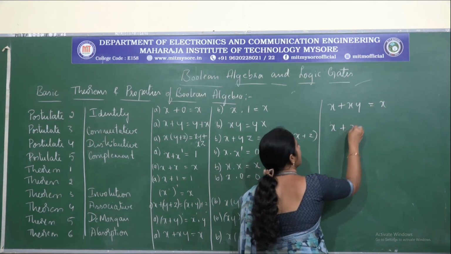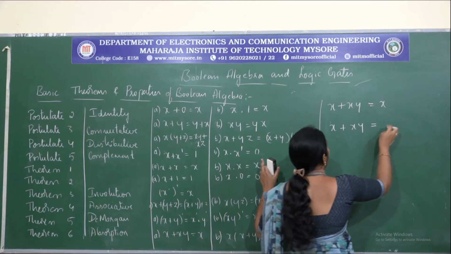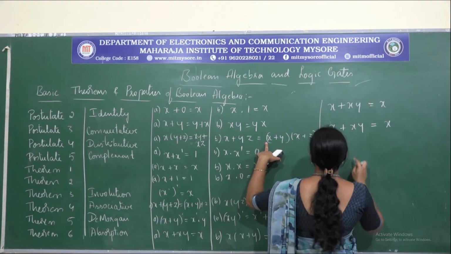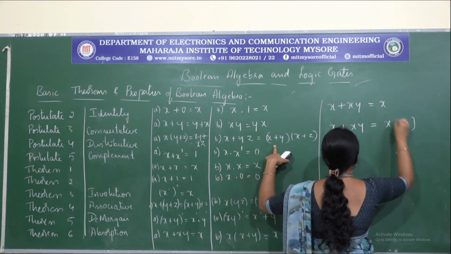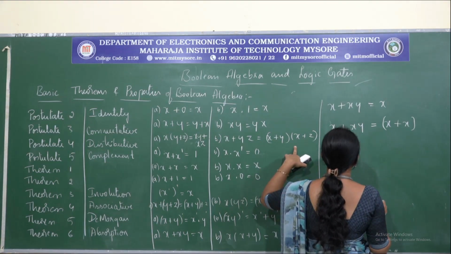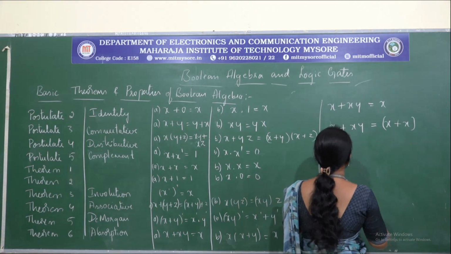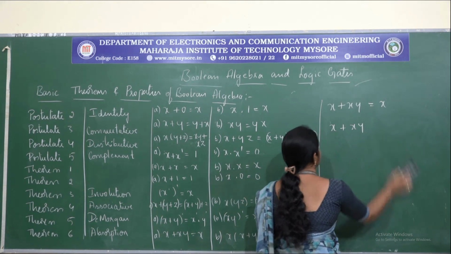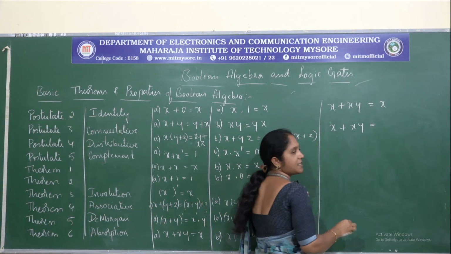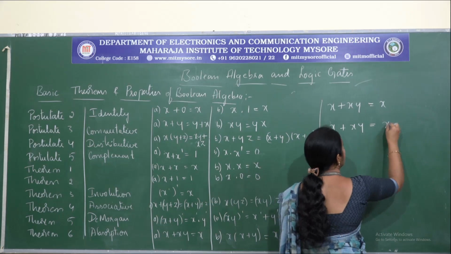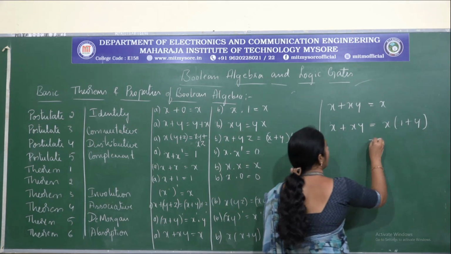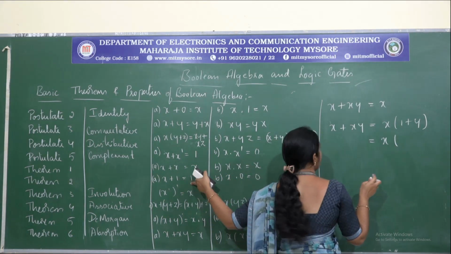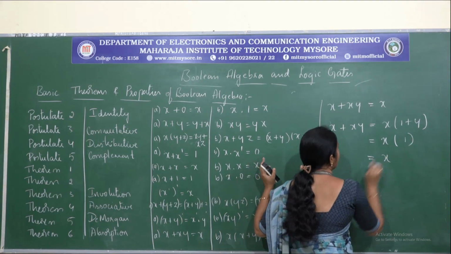Let us consider the LHS. Using the distributive law, we can take out x as common and we will get x into 1 plus y. 1 plus any variable will result in 1, so this can be written as x.